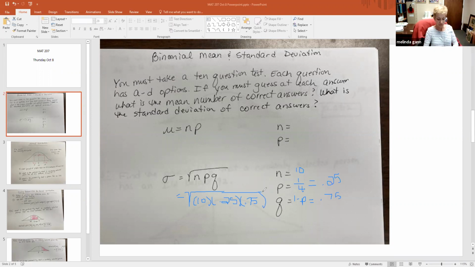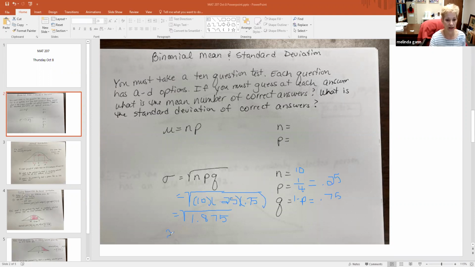If I take 10 and multiply by 25 hundredths, and then multiply by 75 hundredths, it looks like I get about this. You try it on your calculator, so freeze it and try it. Make sure you get 1.875.